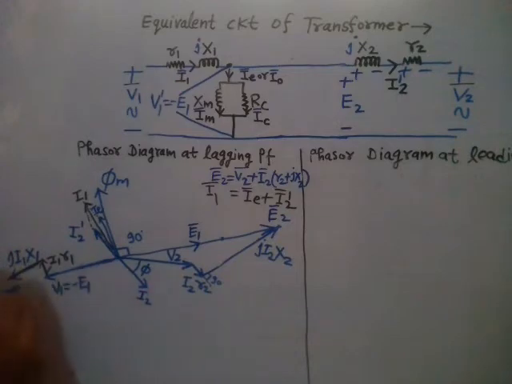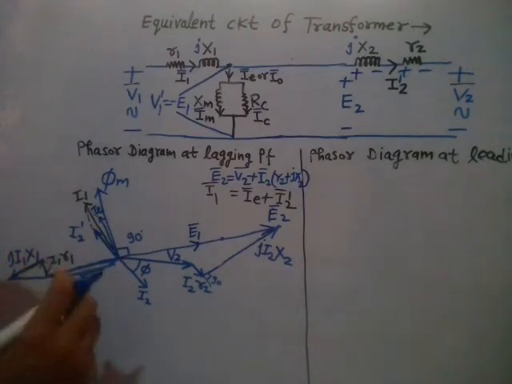And when you take the phasor sum of minus E1 plus I1 R1 plus j I1 X1, you will get this voltage V1, right?